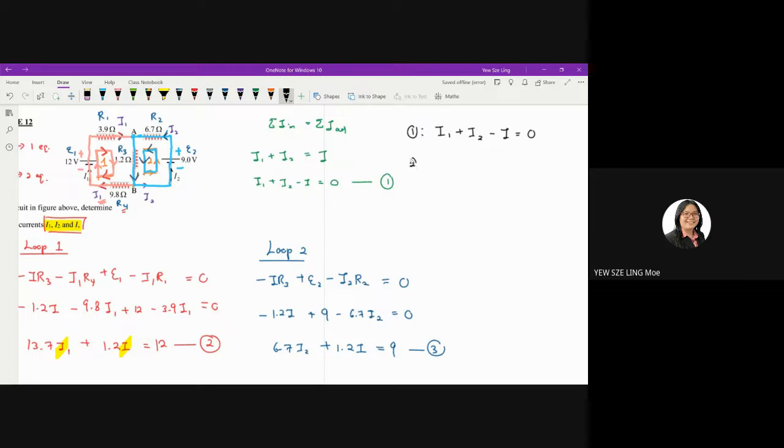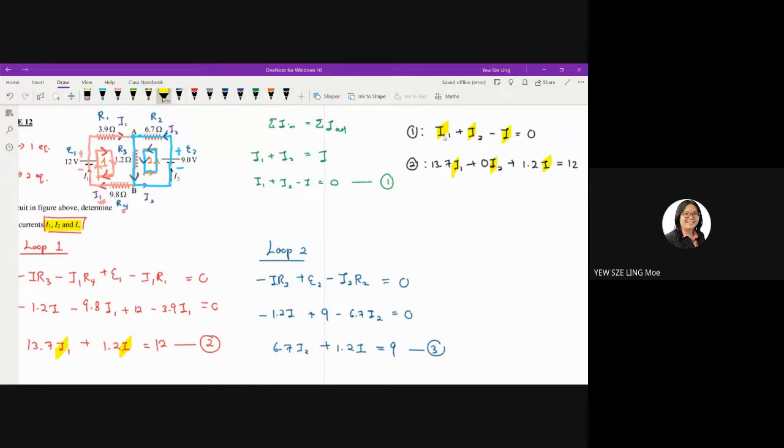The second equation is 13.7 I1, and now I don't have I2, so I'm going to plus 0 I2. I need all these unknowns to be arranged at the same position. So plus 1.2I equals 12. You cannot arrange them in different positions.